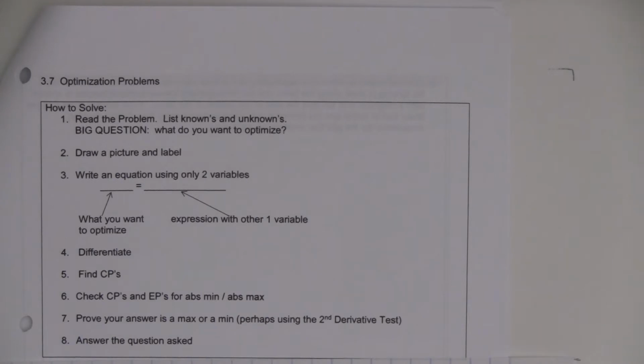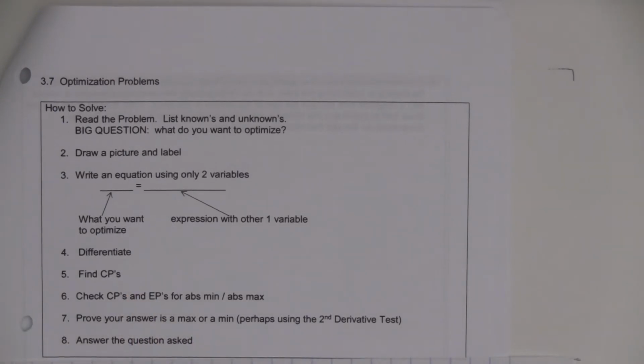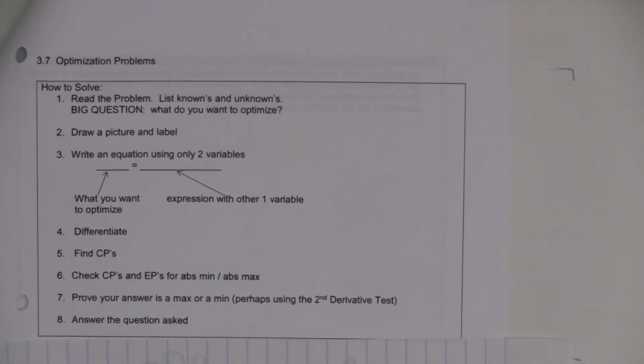Then you want to prove that the answer you found is a max, and that it didn't go higher or to infinity. You can prove it using the second derivative test, which makes it fun so we can practice our second derivative. You could also use the first derivative test, and then you answer the question that they asked.